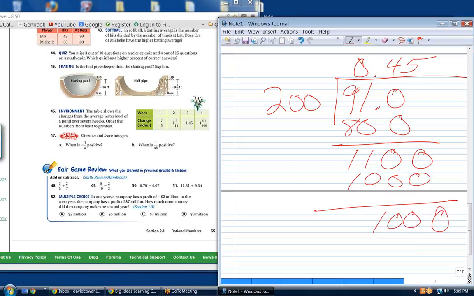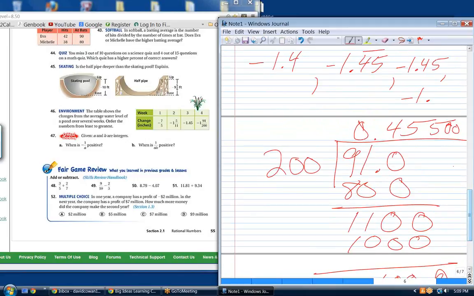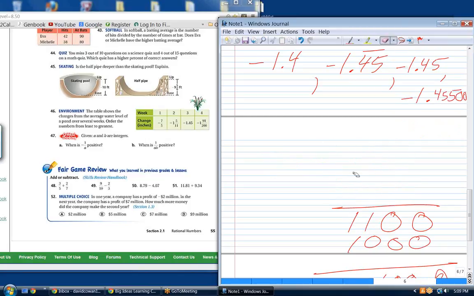So 200 goes into 1,000 exactly 5 times, and now there's no remainder. So I can essentially put zeros after that if I want. It's not a repeating decimal. So 0.455. So we bring forth the 1, so it's minus 1.45500 if you like.